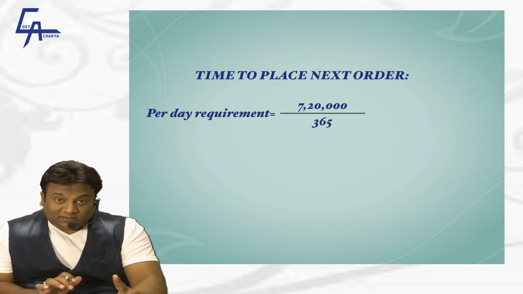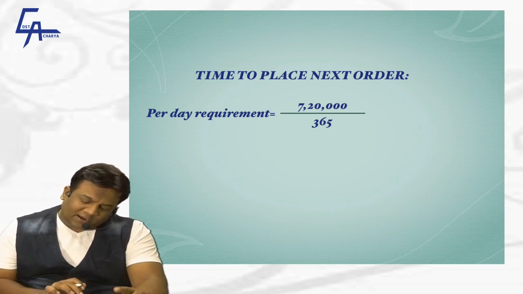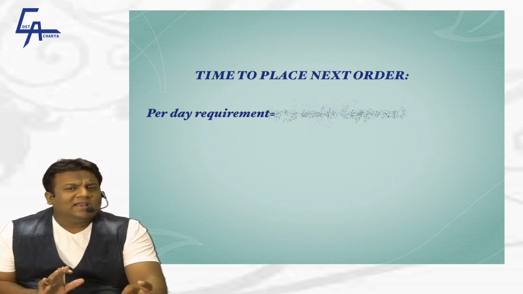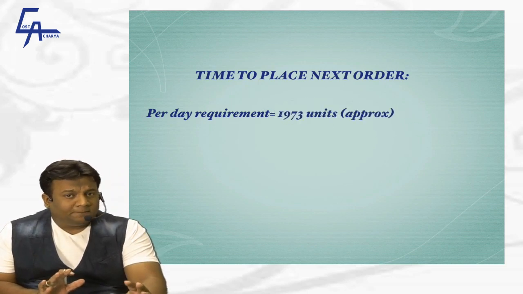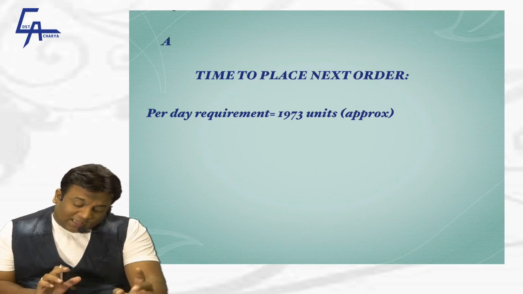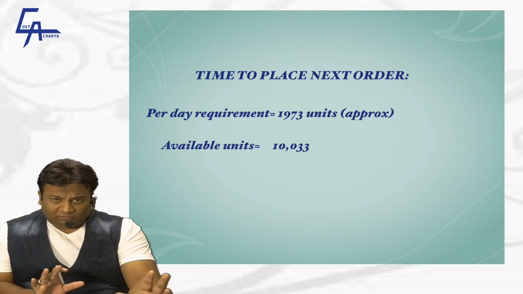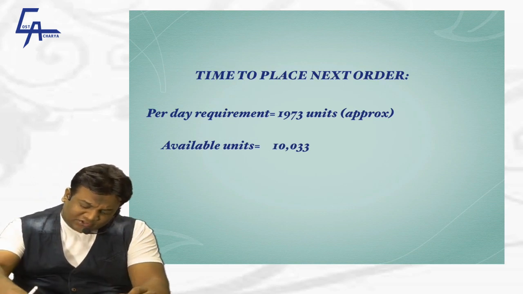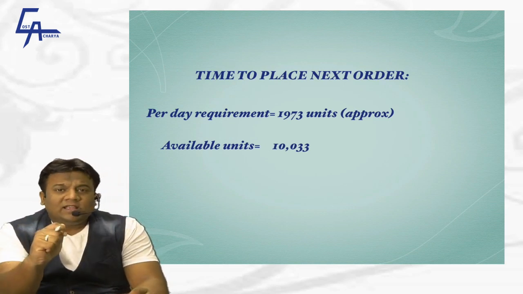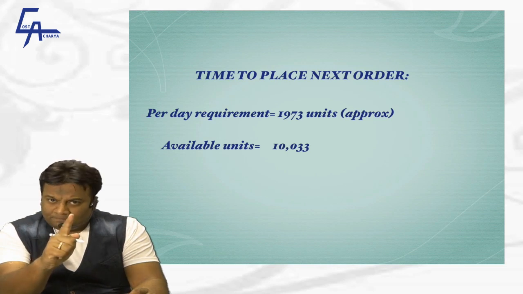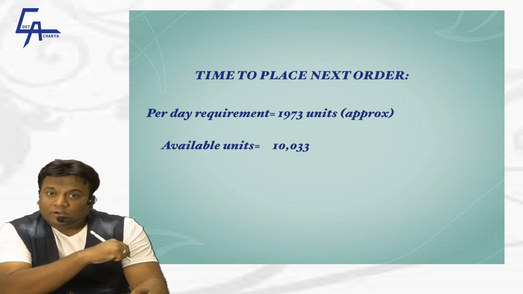Now, if I divide that by 365, the answer will be 1973 units approximately, alright? Now, the available units is 10,033 units, right? So if I check that 1973 is the requirement for 1 day, right? And we have 10,033 units.